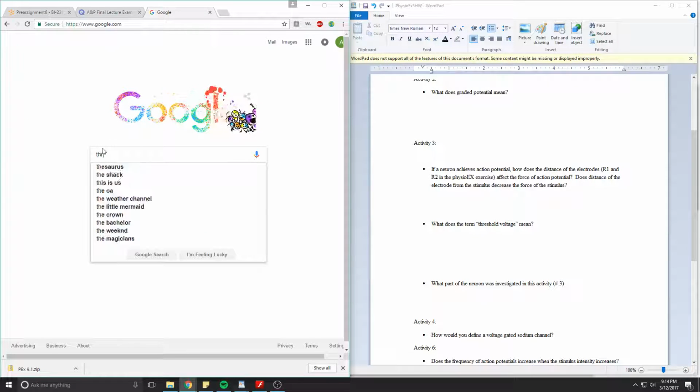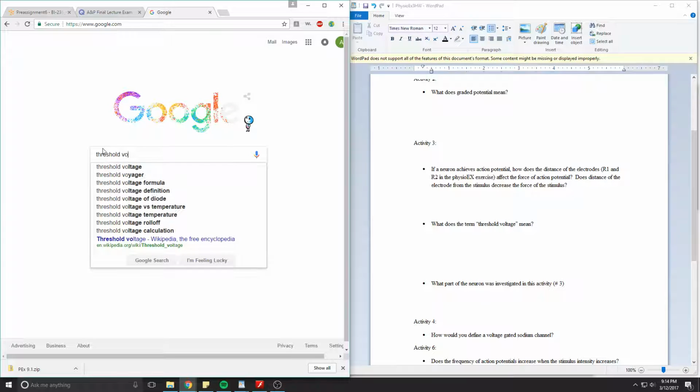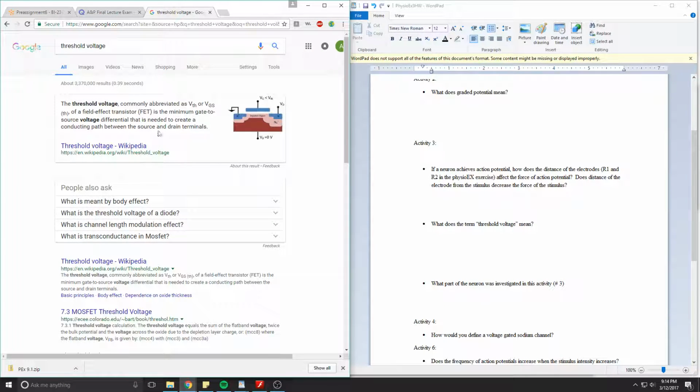So, threshold voltage. The threshold voltage, commonly abbreviated, is the minimum gate to source voltage differential that is needed to create a conducting path between the source and drain material. So okay, I see.